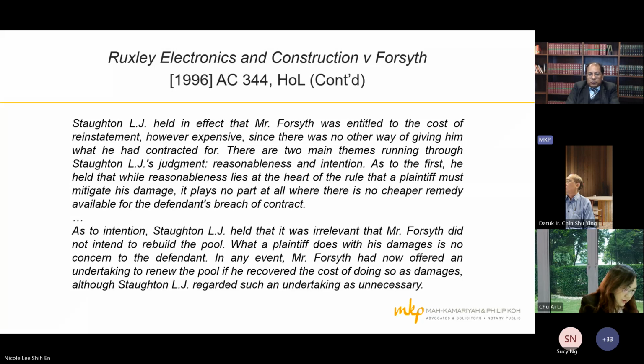Now, the last bit that it dealt with was intention, and that was something that was dealt with by the Federal Court in Chong Yi Wei as well, where they said that it doesn't matter what the plaintiff is going to do with the money. As the Court of Appeal put it, quite compellingly in Ruxley Electronics, I think, if somebody steals my watch, I sue in conversion, I get back the value of my watch.